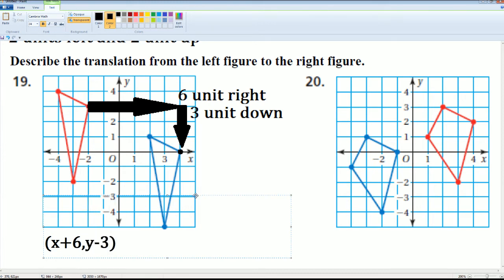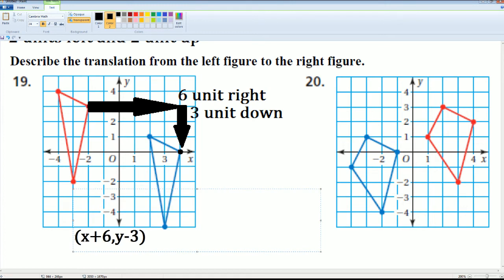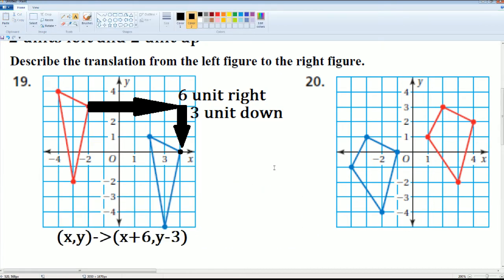That would be the general equation for this. Normally you would see it written like this with an arrow: the original points, arrow, and the general formula for a translation. Good. But if you write the words, that's perfectly acceptable as well.